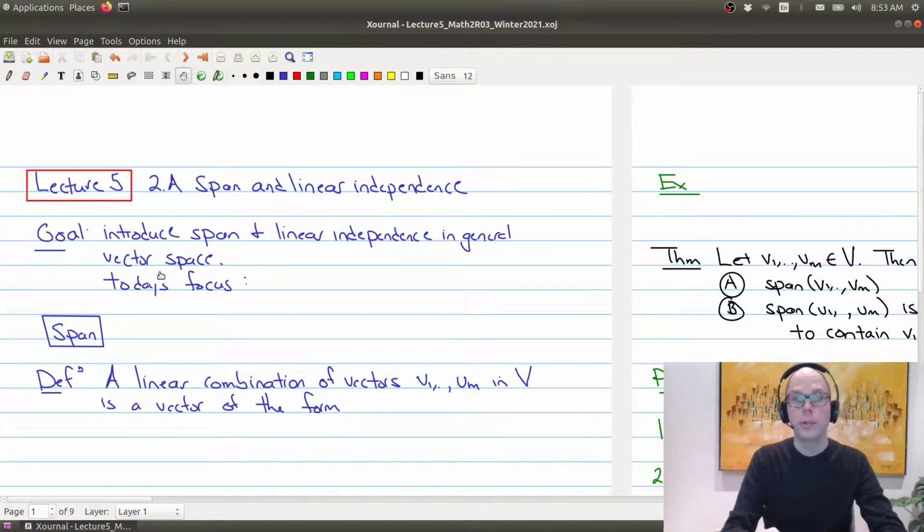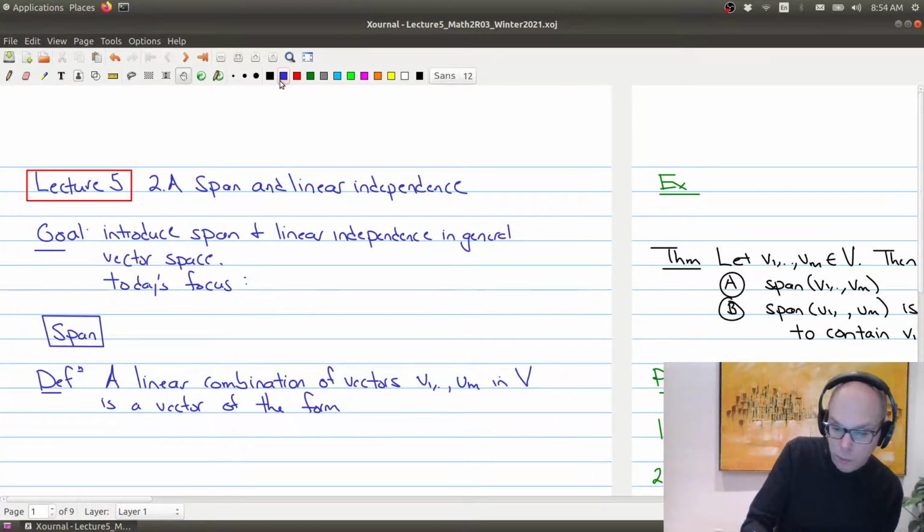So in today's lecture, we're going to look at Section 2A of the textbook, in particular about span and linear independence. The goal of this section is to introduce the notion of span and linear independence in a general vector space. You've actually seen these topics before when you took Math 1B03, but the focus here is to extend it to any particular vector space.